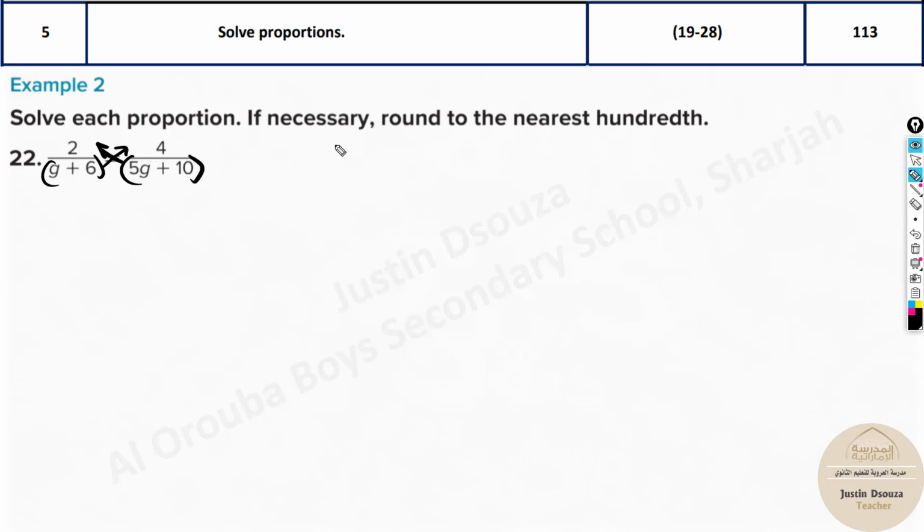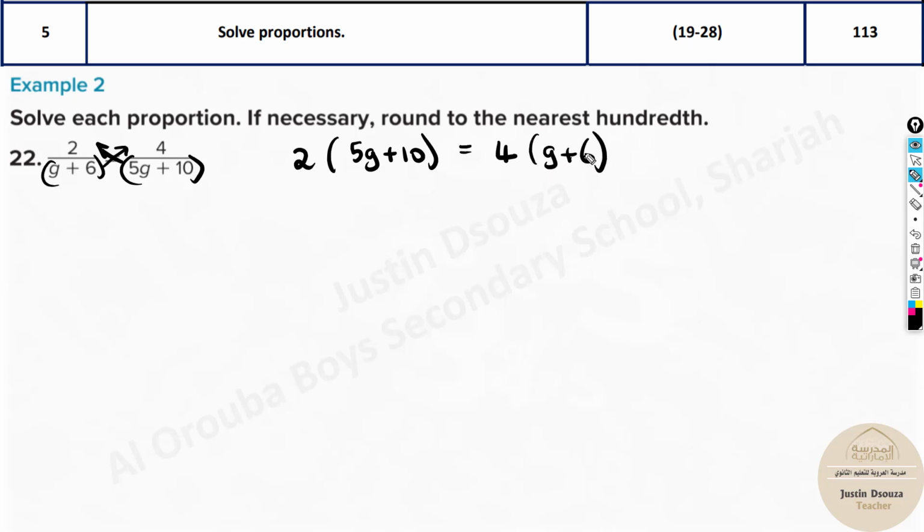First, let me write 2 because it's easier to have a number at the left side. This 2 is multiplied with this entire term, 5g plus 10, that is equal to 4 remains, and whatever is there comes up, g plus 6.